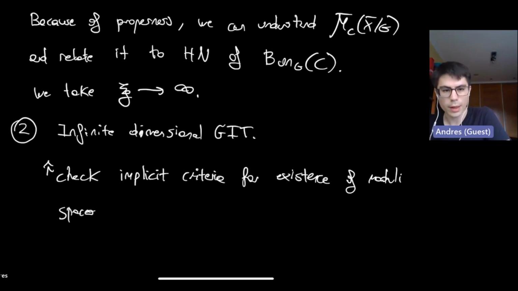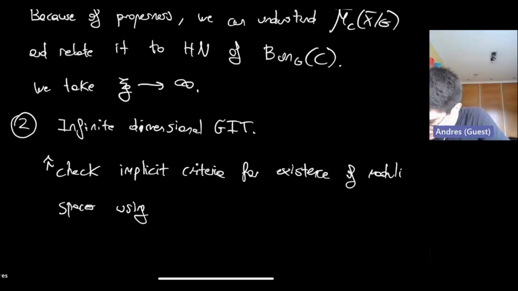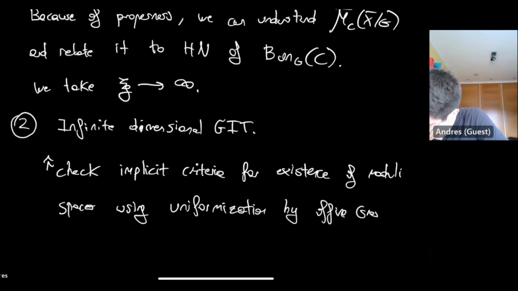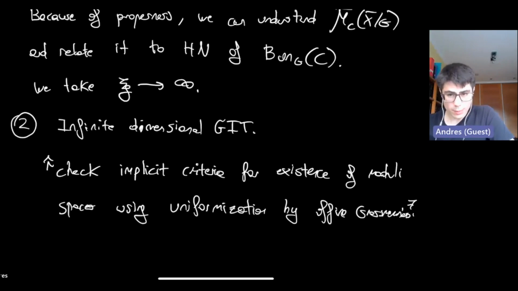And what we do is we can check them, but instead of choosing an embedding into a GIT problem, we do it implicitly in the stack by using local uniformization by affine Grassmannians. And I should say that you don't need this in order to build a moduli space.